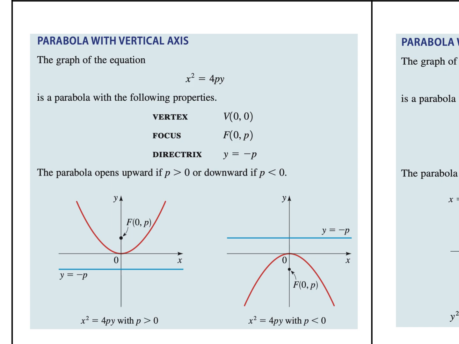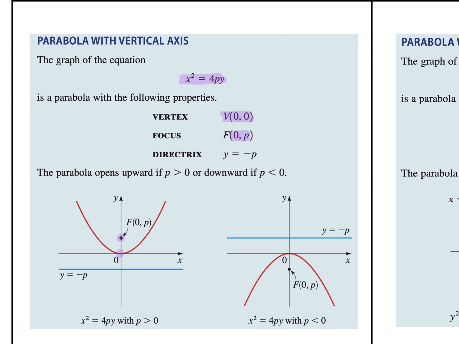Now if we go further in this study, we're going to be looking at the equation of the graph. That gives you x squared equals 4py. It is a parabola with the following properties. First, the vertex is located at the origin (0, 0), and the focus is inside your parabola, and its coordinates are (0, p).